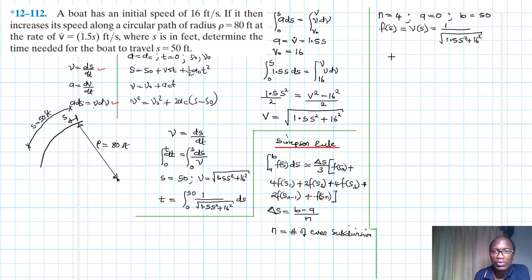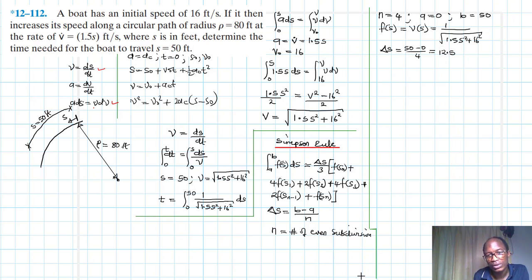So we do have all the information. All we need to do is plug in. So let's find our del s. Like we said, this is equal to 50 minus 0 divided by 4, and this just gives us 12.5, right? That's 50 divided by 4, that's 12.5.